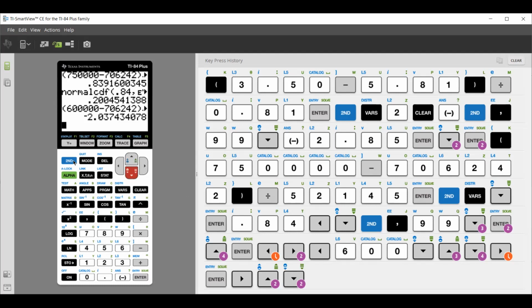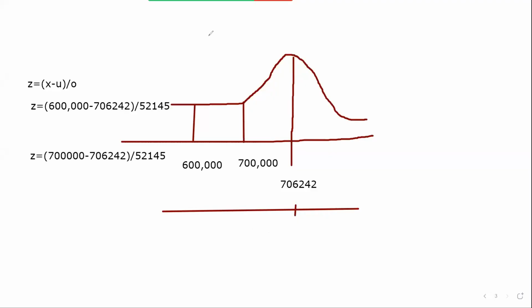All right, I'm gonna do it for 700,000 right now. Wait, what's for the -2? What was that? What's for -2? So that's your z-score that corresponds to 600,000. So right now, that's this z-score here. So this z-score here, this 600,000, let me move the box.